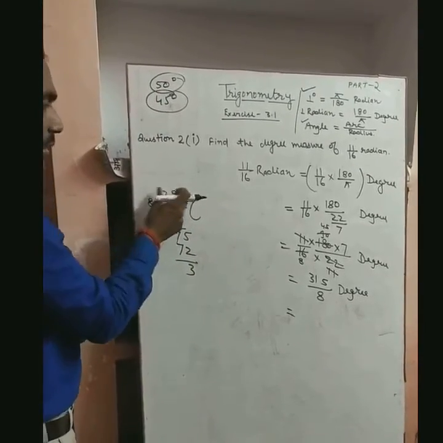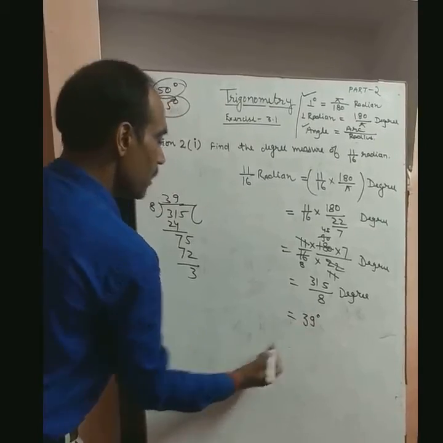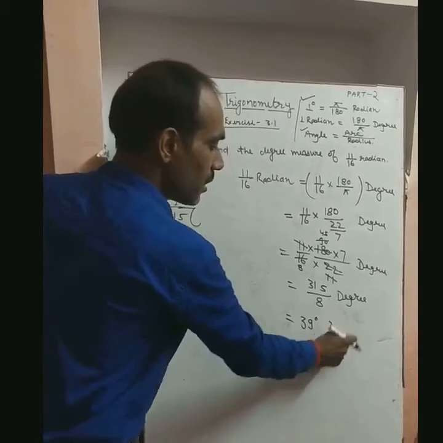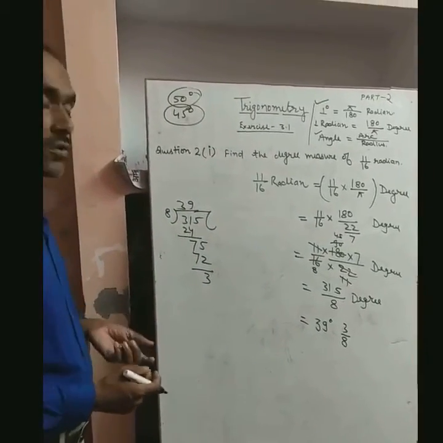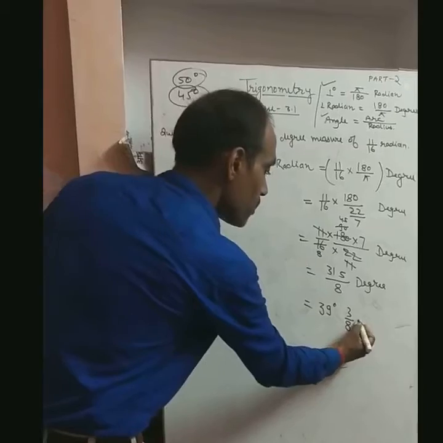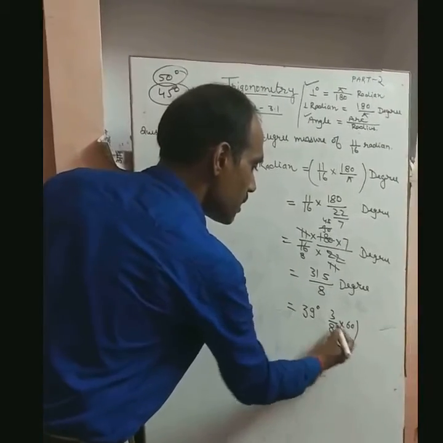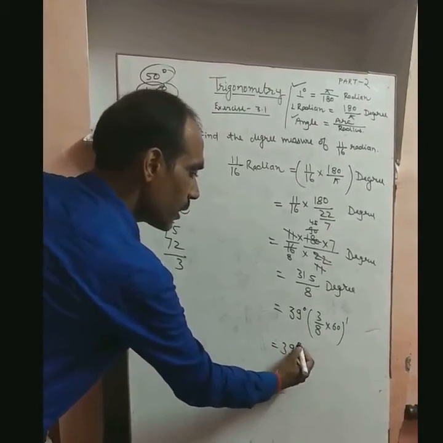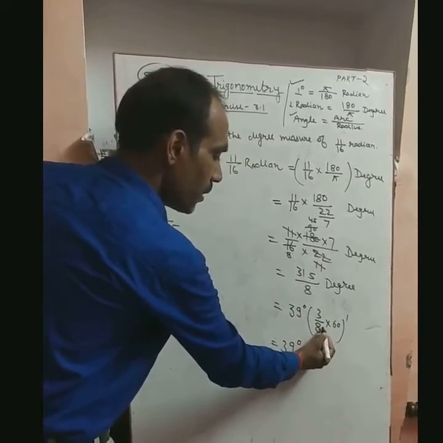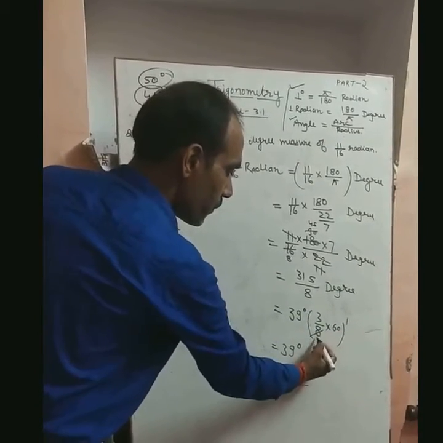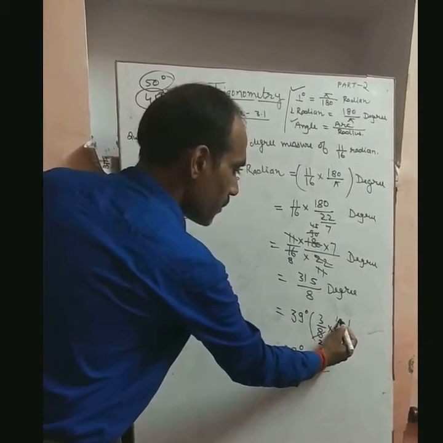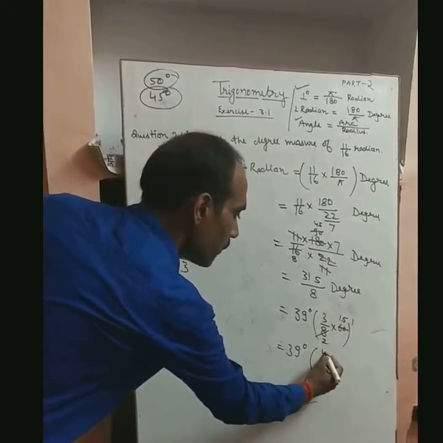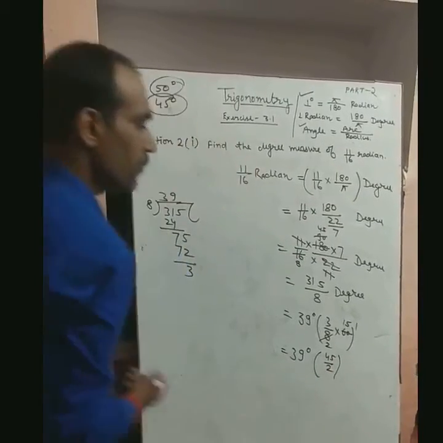So 39 is the degree and 3 upon 8 is also degree, but it is a fraction, so we will convert it into minutes. Okay, so we multiply by 60, then it converts into minutes. 3 times 60 is 180, and dividing by 8, we get 45 upon 2.